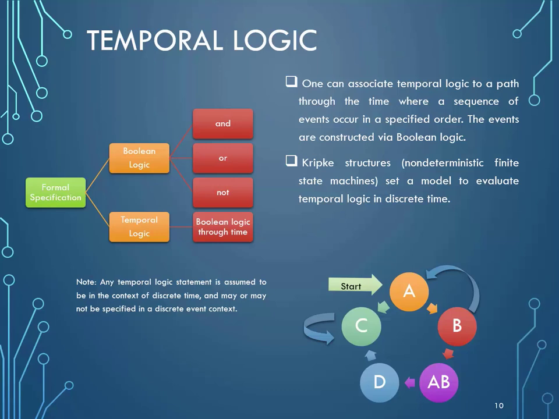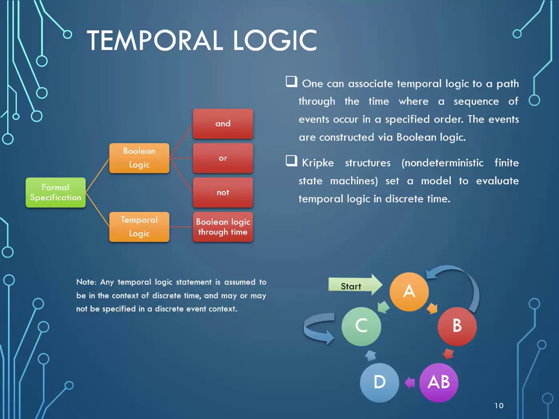And so we can associate temporal logic to a path in time where a sequence of events occur in a specified order. This is where we start thinking more abstractly in our specification. So we have discrete events, Boolean logic happening in time. And now we have to start thinking how we take these basic elements and, like Lego, say this goes first, then this one next, then this one next, and so forth, in an unspecified order.